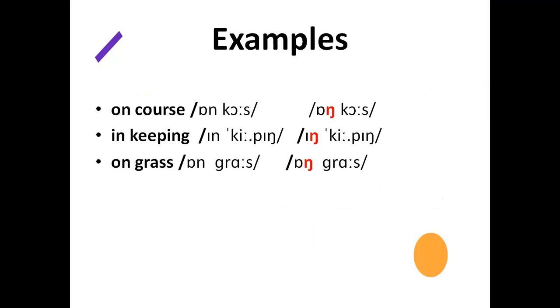Same, see, on grass. Before that, it was the k sound, and now we have the g sound after the n sound of on. So it will be assimilated into the ing sound. So on grass will become ong grass. Another example, in-goal will become ing-goal.